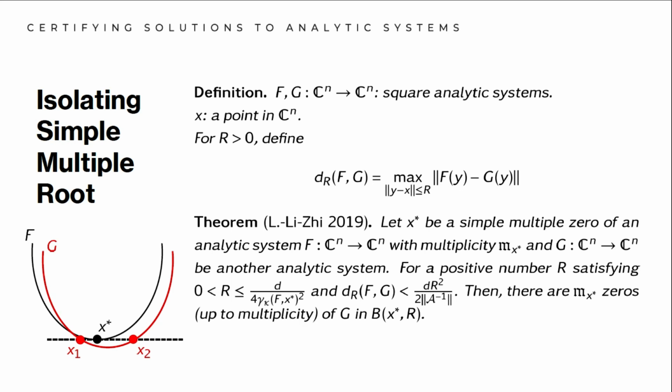When we have a positive number, capital R, satisfying this condition, and two systems that are close enough, then there are exactly m roots of capital G inside the separation bound.